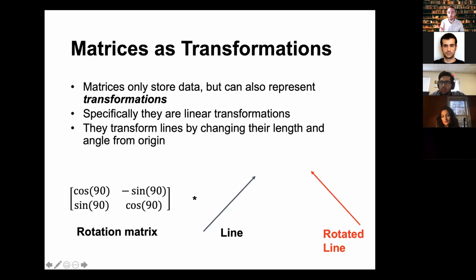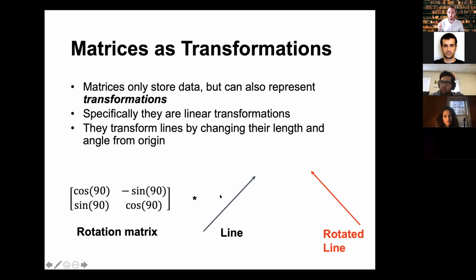So if you have a rotation matrix and you represent a line, this line might have the value 1, 1. So you can represent a line or a point as a vector. If you multiply this rotation matrix by the vector representation of this line, it rotates that line 90 degrees. So this is a matrix that is an operation on a variable or on a point.